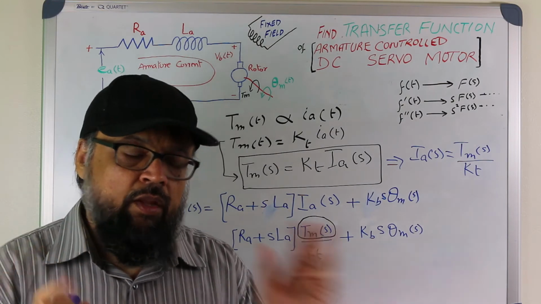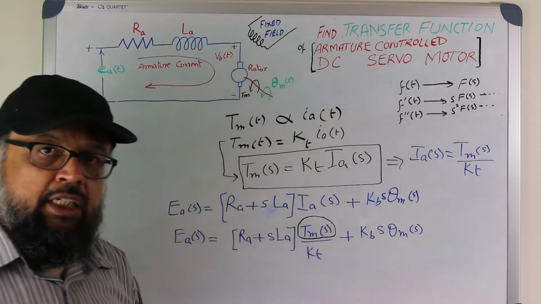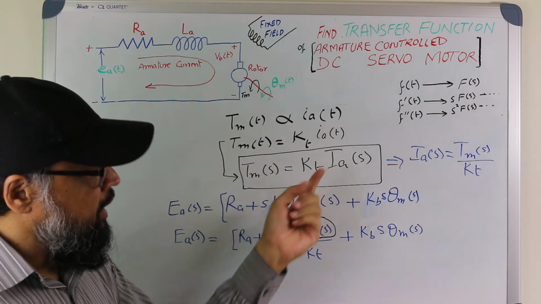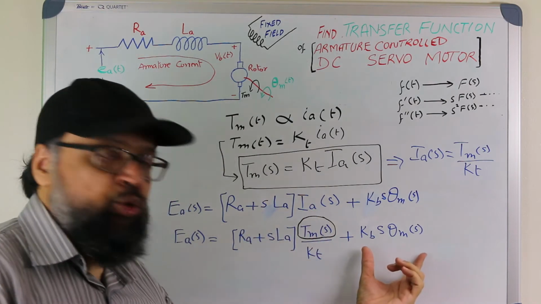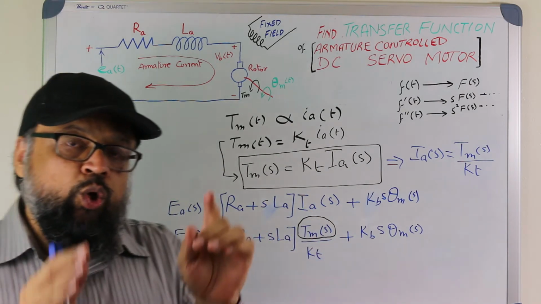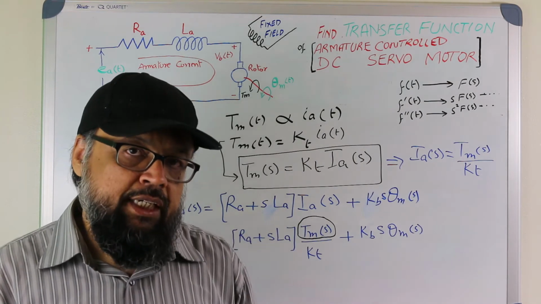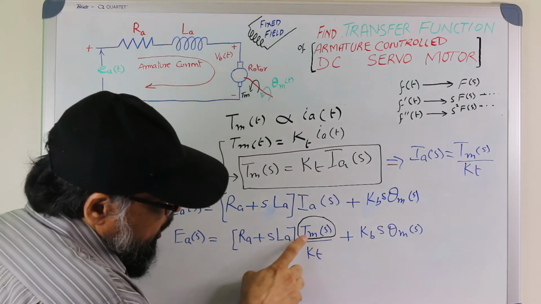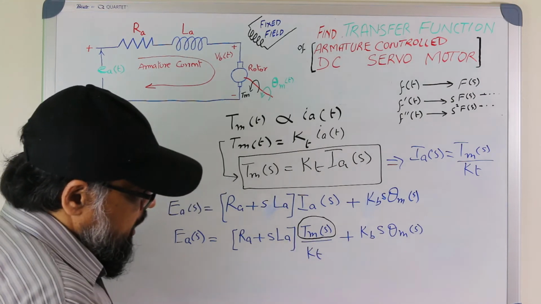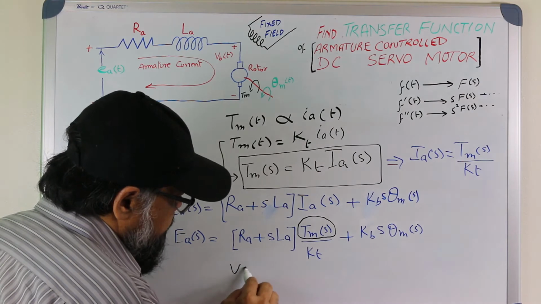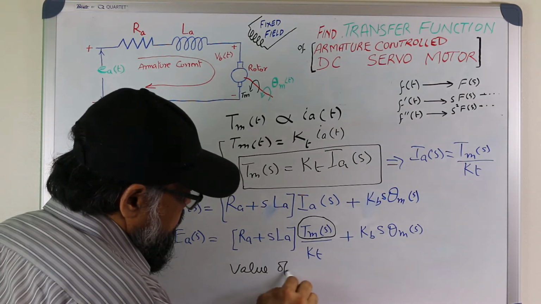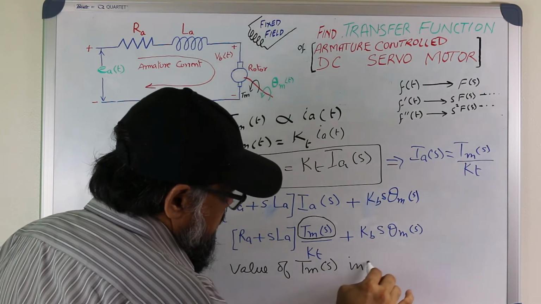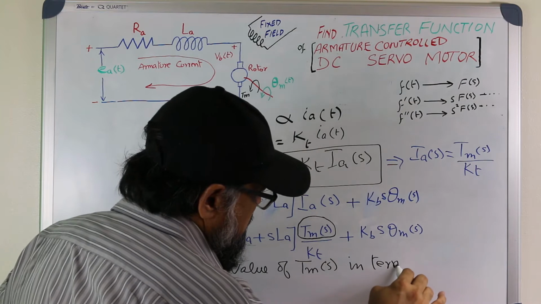Very simple. So this was the third step. This is the position after the third step. So the fourth and the most important step is, you can visualize here that we want the value of Tm(s), the torque. We want the value of torque in terms of theta.